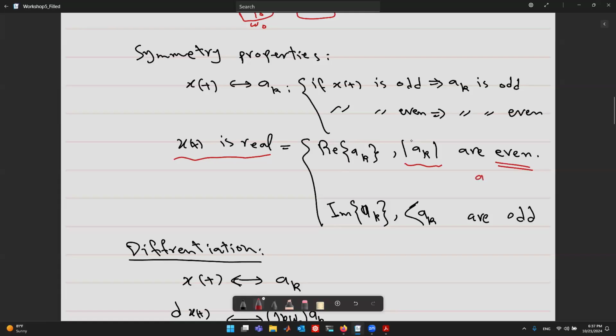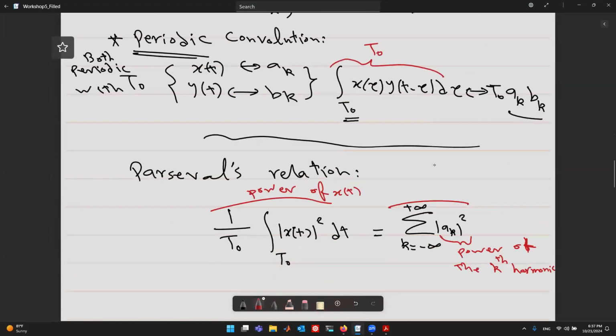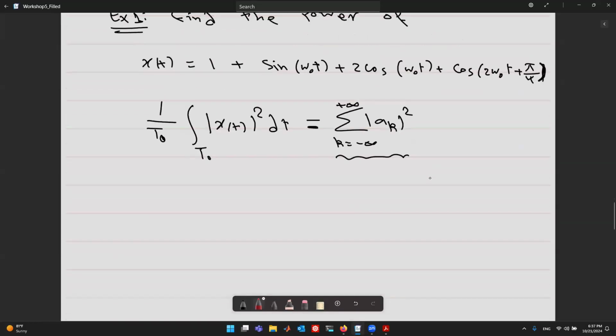Which means that |a_k| equals |a_{-k}|. We can use this to simplify this term.